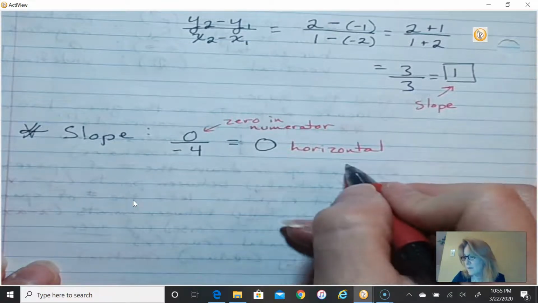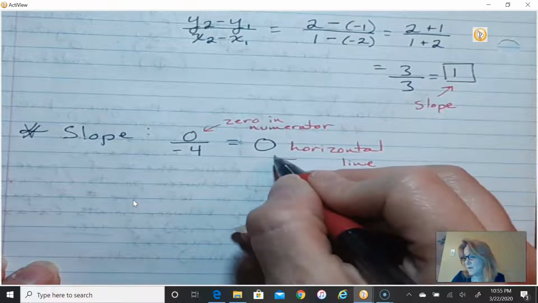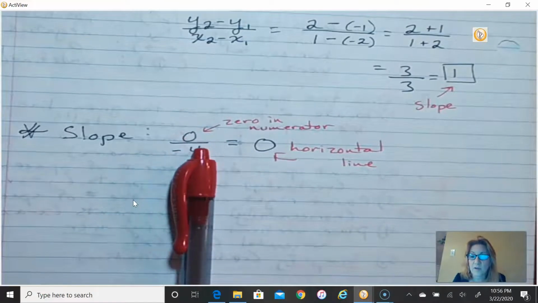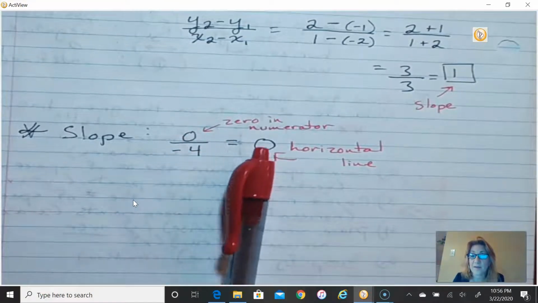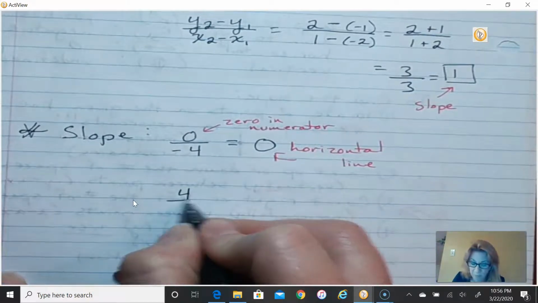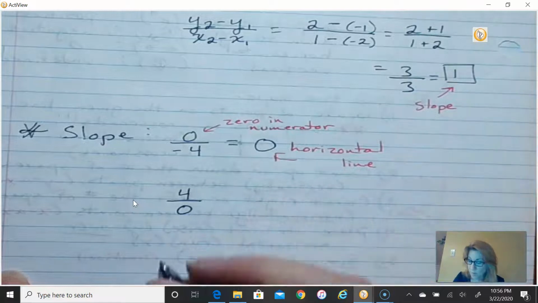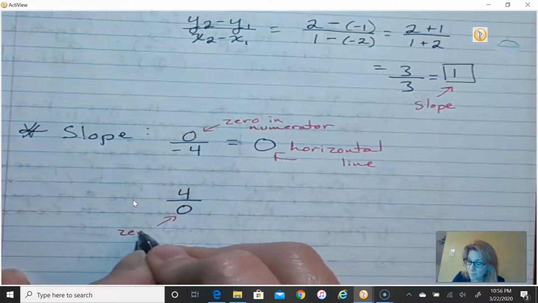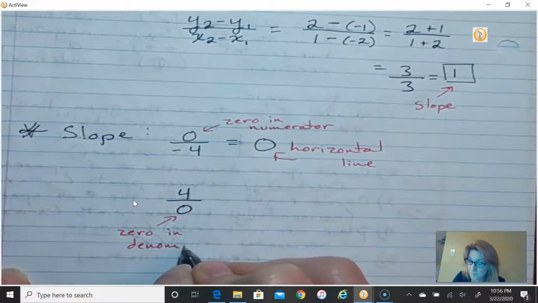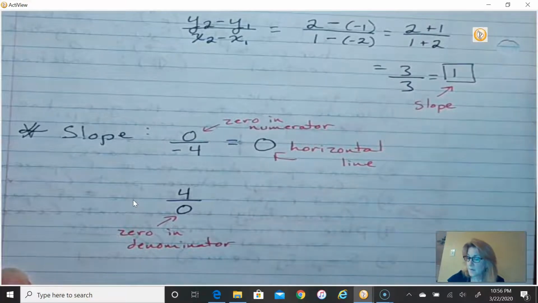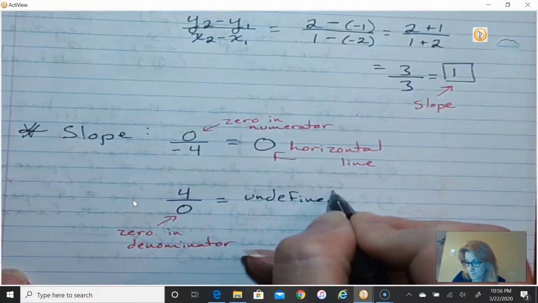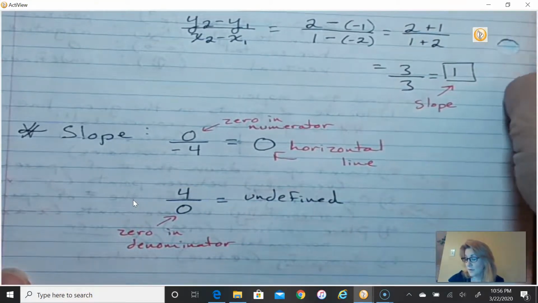If ever there's a 0 in the numerator, your answer, the slope, is 0. It's a horizontal line. If you get a slope that is 4 over 0, where the 0 is in the denominator, then the slope is undefined. It is a vertical line.